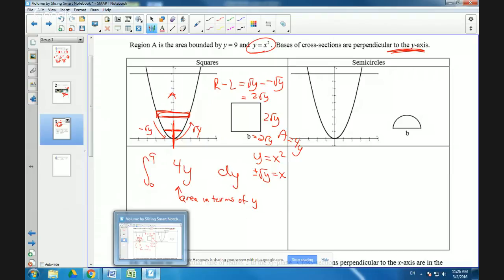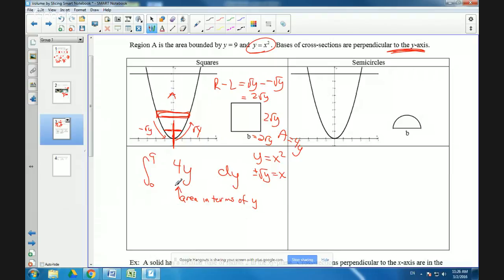And see, the hard part is generating this integral. The integrals are not difficult. The hard part is generating them. Remember top minus bottom? The top is positive x, the bottom is the smaller x's.